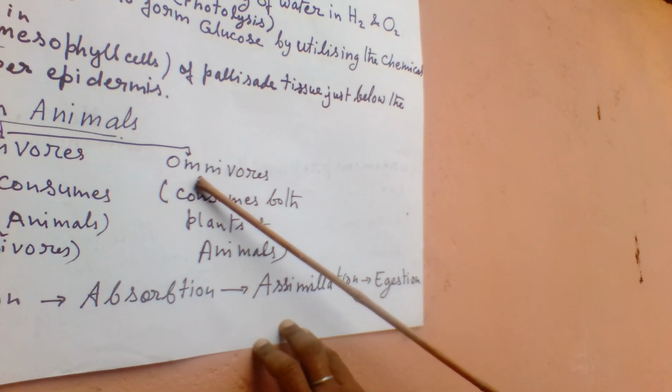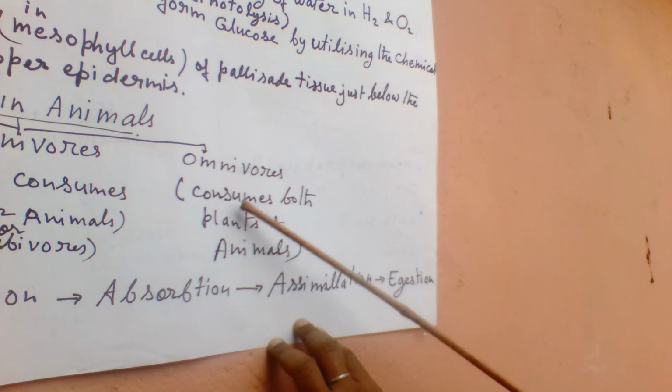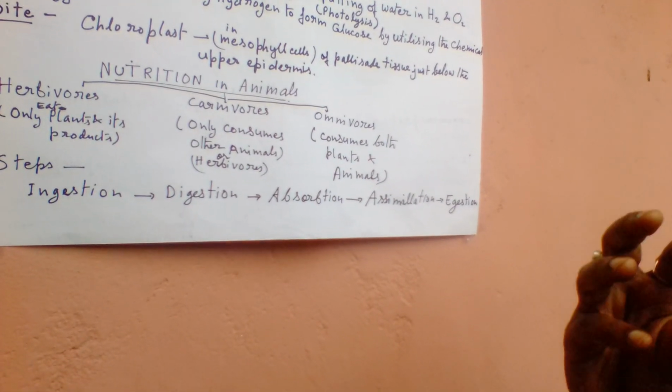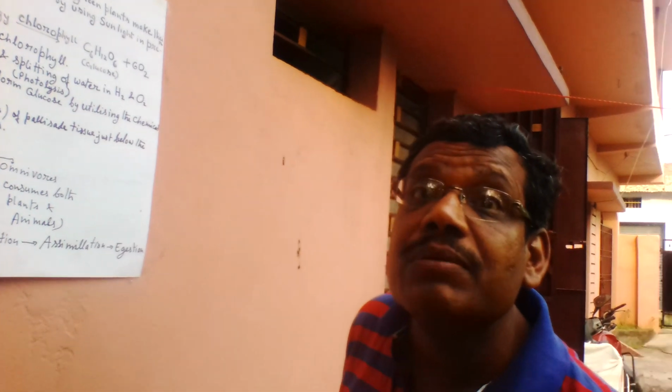They are called omnivores. This includes human beings also, because human beings consume all the products coming from plants and animals. Now, what is the difference between herbivores and carnivores? There are some basic differences.